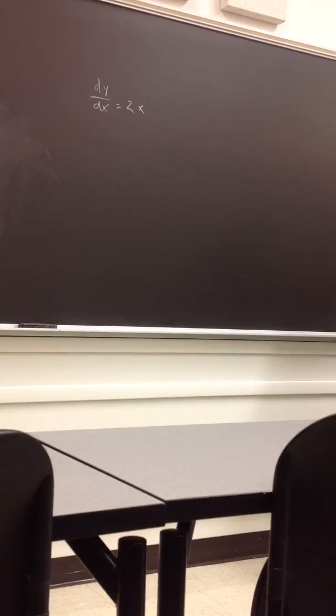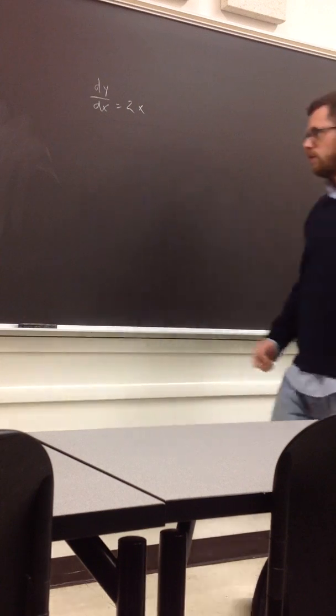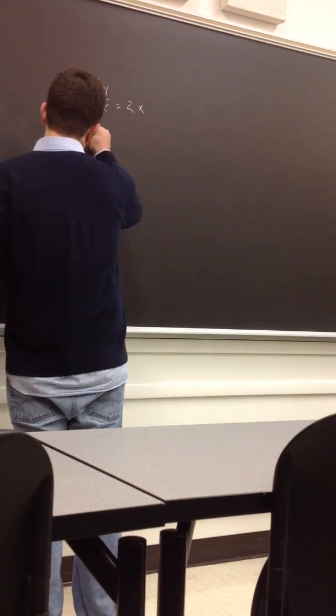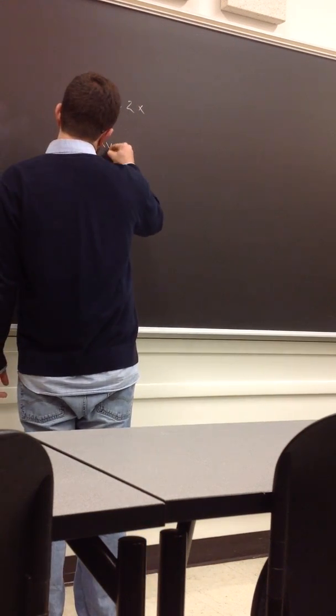The fundamental process of equation solving is to undo operations. To undo a derivative, you have to integrate. So for this simple differential equation, one where the derivative has been isolated, you can integrate with respect to the independent variable.